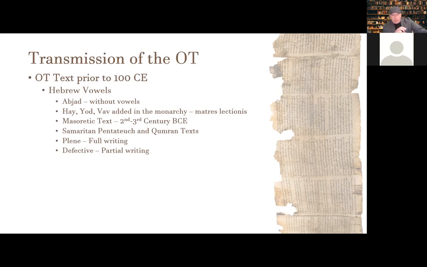This is like a guide for the reader to know how to pronounce certain words. Even today, we have these hey, yods, and vavs understood at the end of Hebrew words. They give context not just to the pronunciation of the word, but also to its form and what it's trying to say.